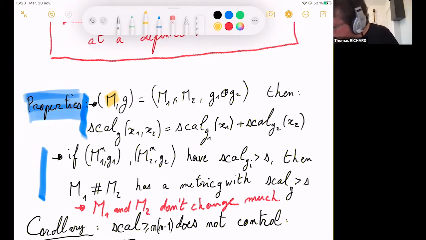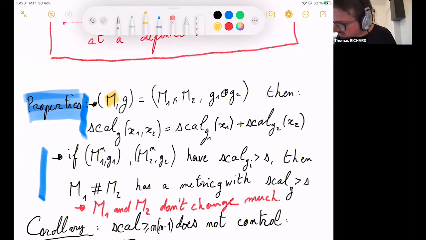So assume now that you have two manifolds of the same dimension, M1 and M2, and assume that they have a scalar curvature greater than some lower bound S that you see here.